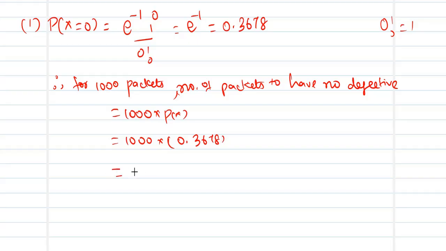So now this gives us 367.8. You cannot have 367.8 packets, so round it off to the nearest number. So you will have 367.8 rounding to 368. So out of 1000 packets, the number of packets to have no defective will be 368 packets.